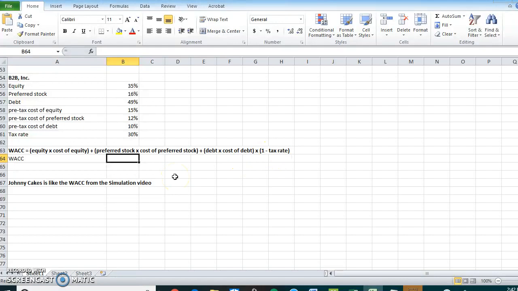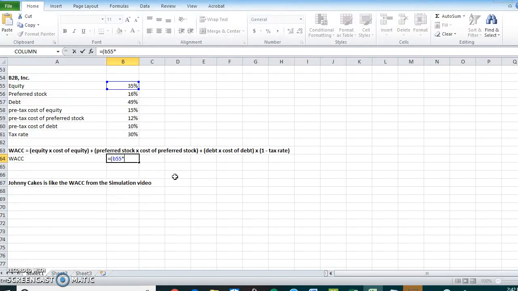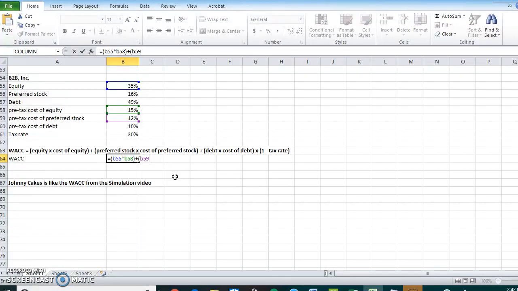So we're going to tell Excel to do something for us. So we start with equals, and then we say equity times the cost of equity, which is B55 times B58, plus preferred stock B59 times cost of preferred stock.